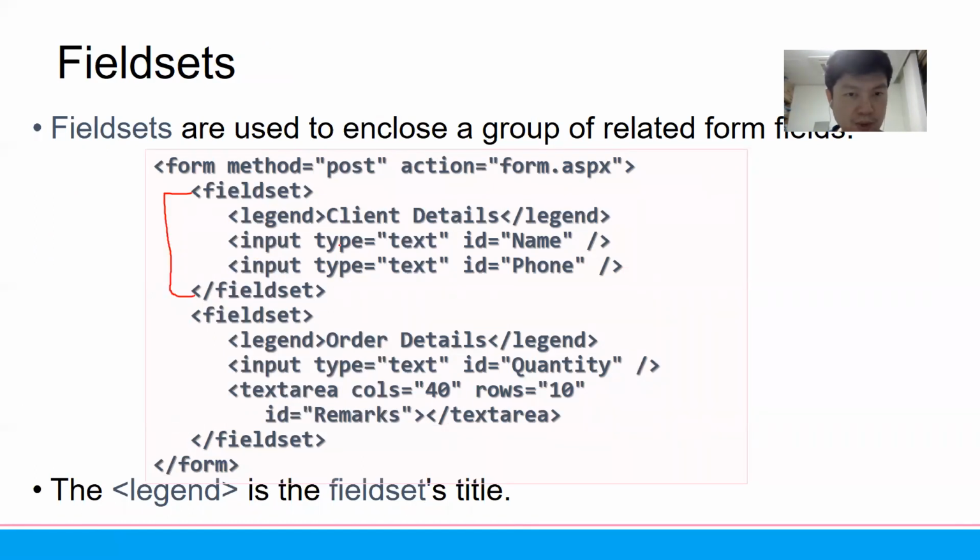You have the input type text name, and you have another input text font. Legend is the title in the field set. This is another field set that represents the order detail. We have the input type, and then we have the text area and another field set.